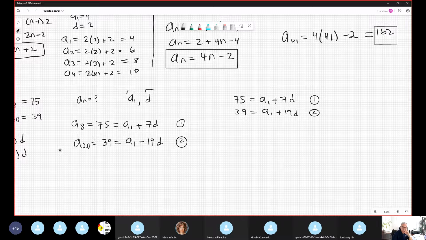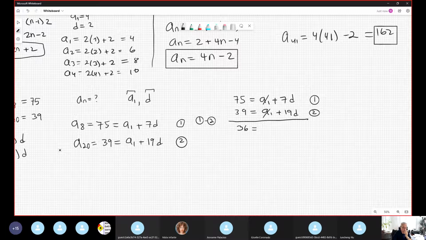Suppose you use elimination: subtracting equation 1 minus equation 2. 75 minus 39 is 36. The a1 part is cancelled.